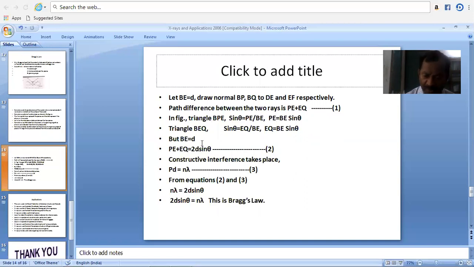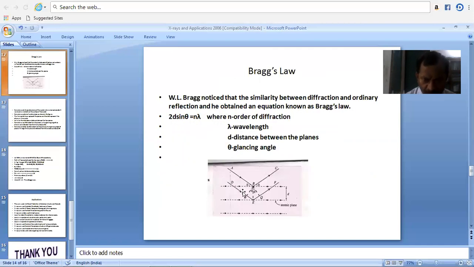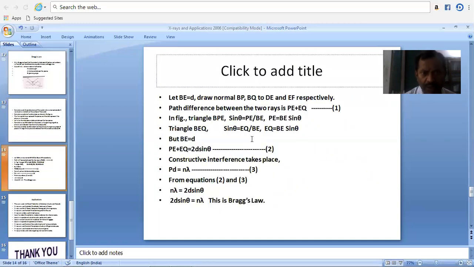Similarly, in triangle BEQ, sin theta is equal to EQ by BE. That is, EQ equals BE sin theta. But BE equals d. So PE plus EQ equals 2d sin theta.